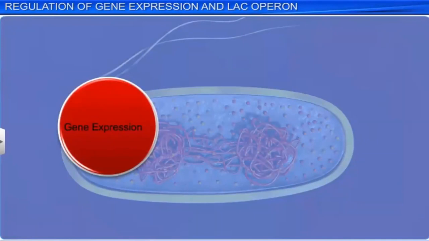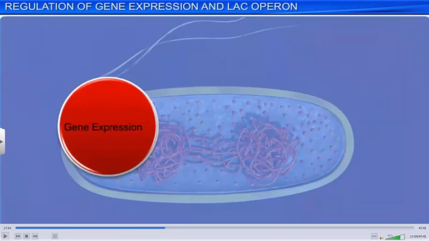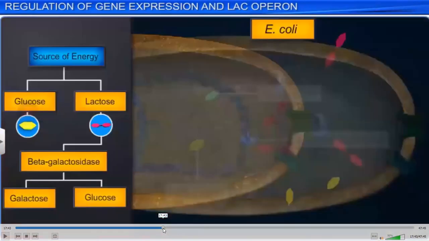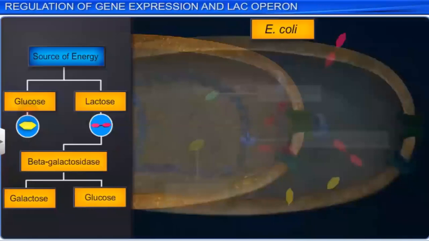Okay, fine. As I was telling you, this is an example shown in a prokaryote, that is E. coli. What it is trying to say is glucose is already in a monosaccharide form and does not need any kind of digestion.